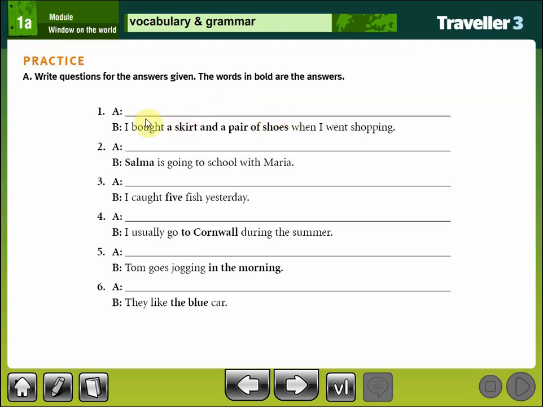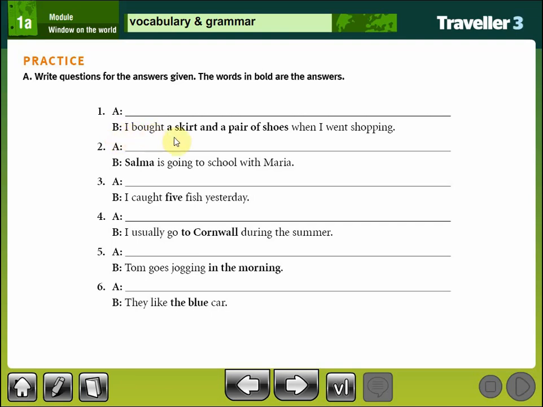Two ways. You look at the verb, bought. If the bold words are the ones who did the verb, then you say these are the subject. But no, buying happened to the skirt and the pair of shoes. Also you can look at the formation of the sentence itself. In English we say subject, verb, object.